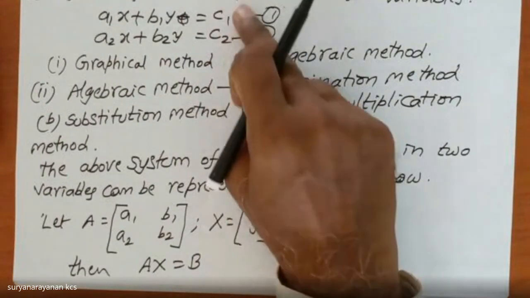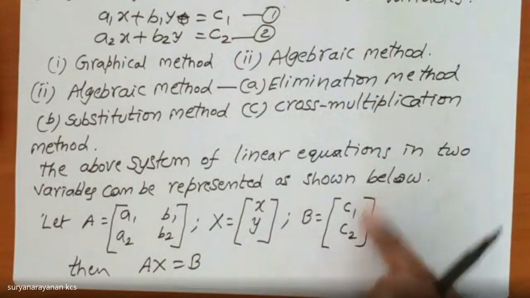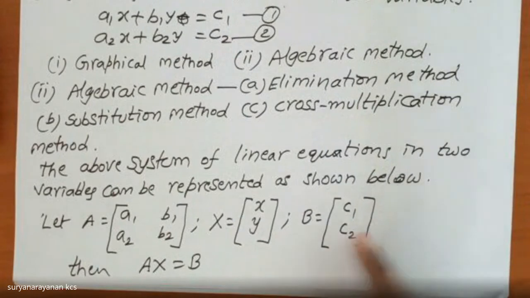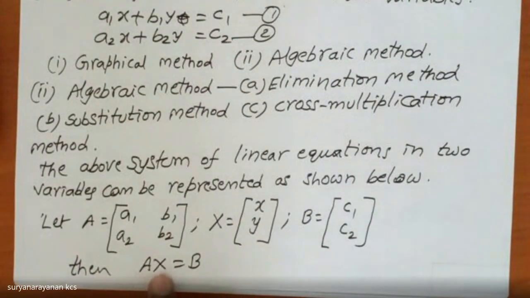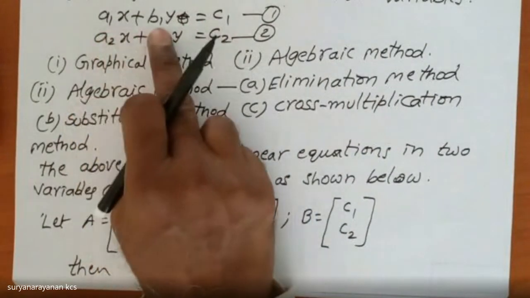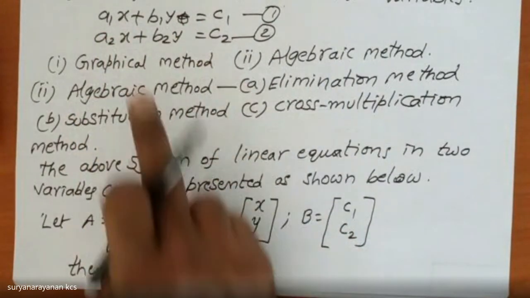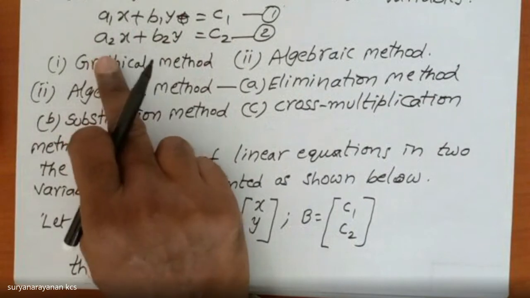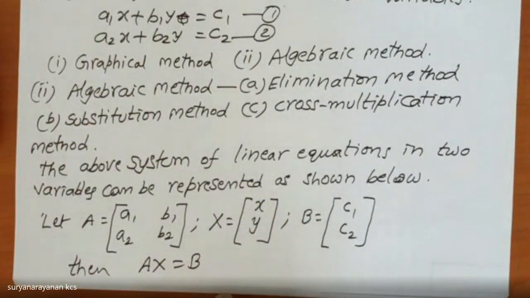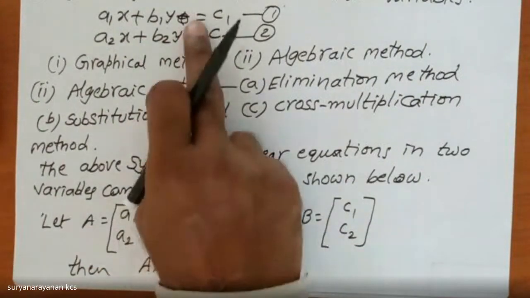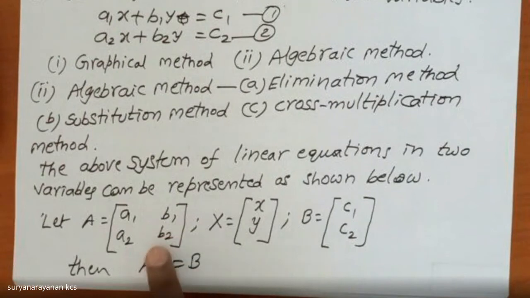Similarly, the constants we wrote as a column matrix. If you multiply A into X, we get a1x plus b1y in the first row, and in the second row we get a2x plus b2y, equal to c1, c2. So, to solve this system of linear equations in two variables, we can write it in this matrix form.